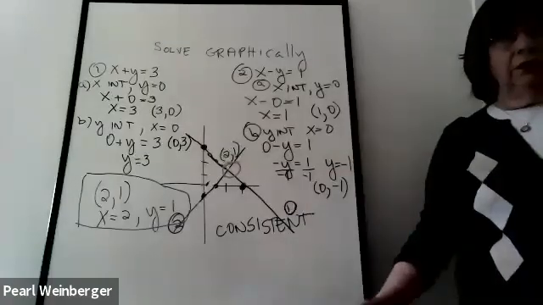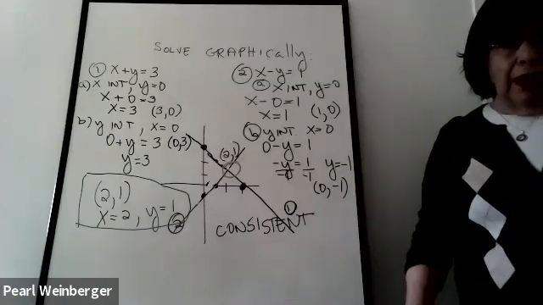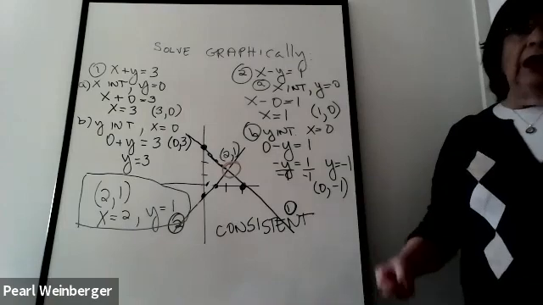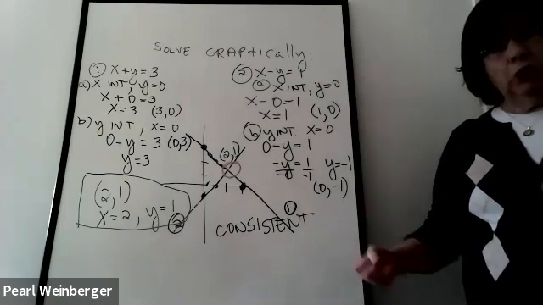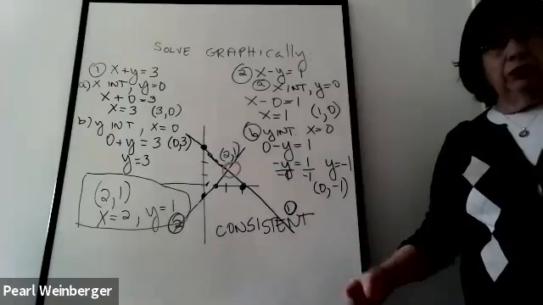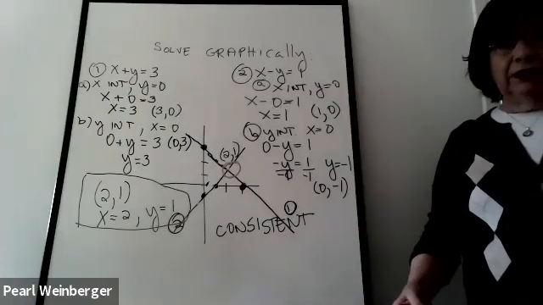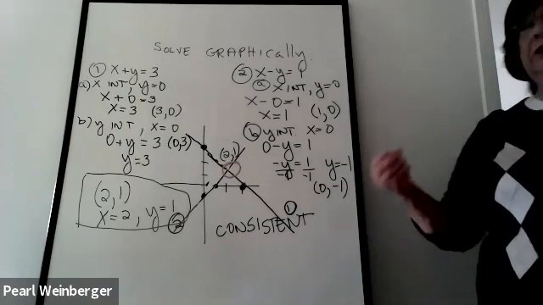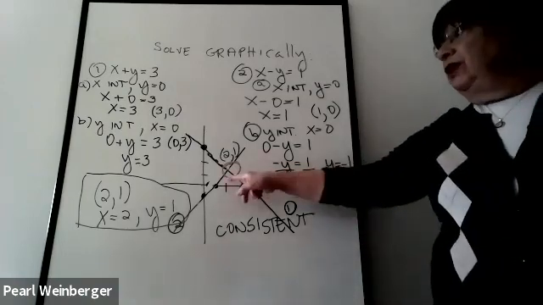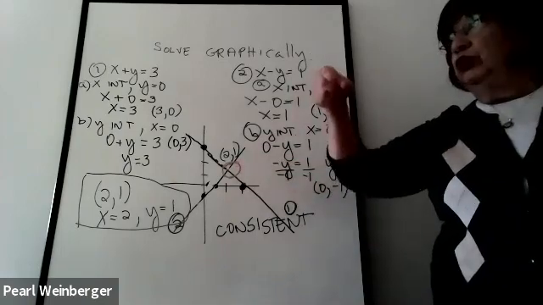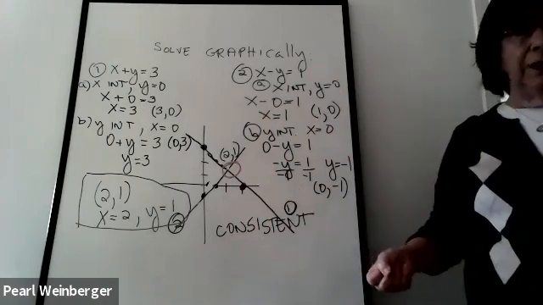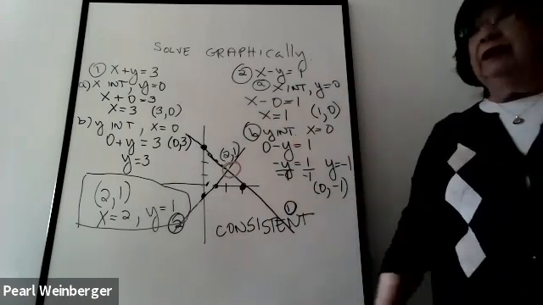If you noticed, it wasn't a terribly hard problem, but it took a lot of work. Solving systems of equations graphically is time-consuming. Not only that, unless you're doing this very carefully on a piece of graph paper, it's very easy to mix up a 2 with a 1. You saw I really had to fix it up because it didn't come out too exact.